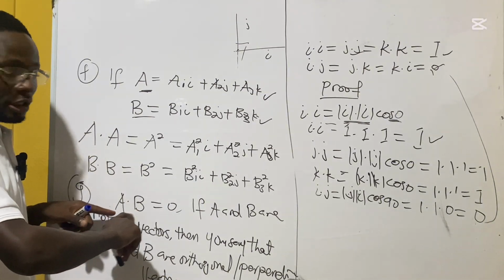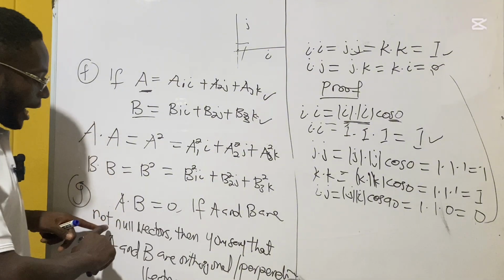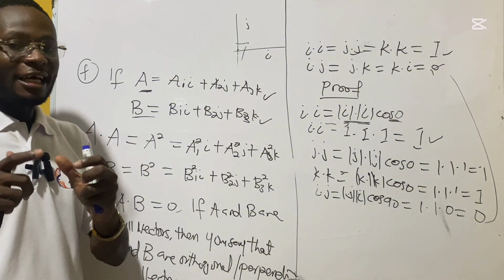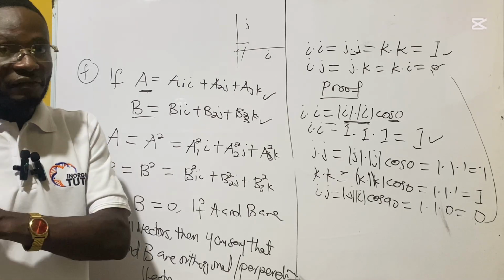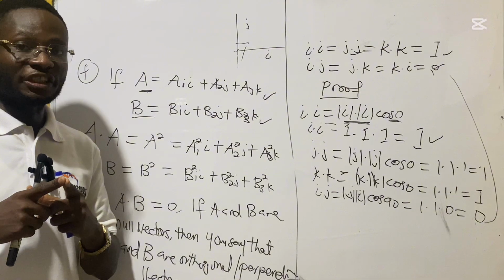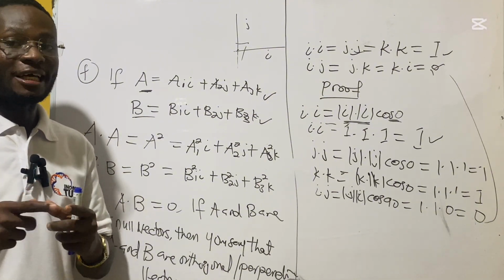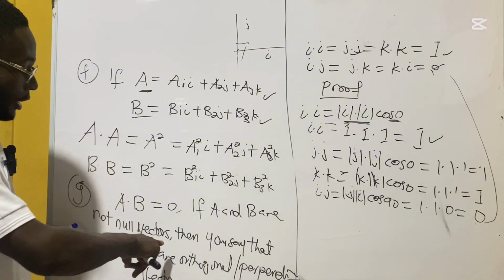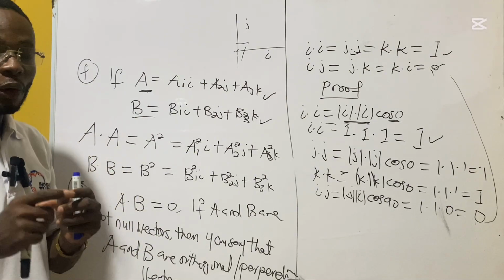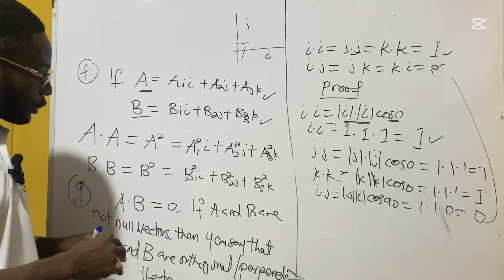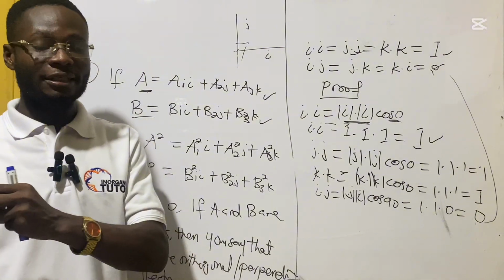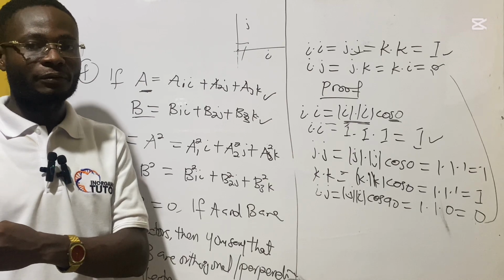So A dot B equals 0 if A and B are not null vectors, right? If they are not null vectors, it means they have some common intersection. So if that happens, then you can say that A and B are orthogonal. Okay, so if they are orthogonal, then it means the dot product of these two vectors must be giving you 0. Interesting.